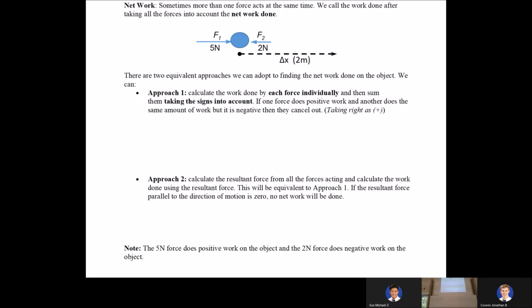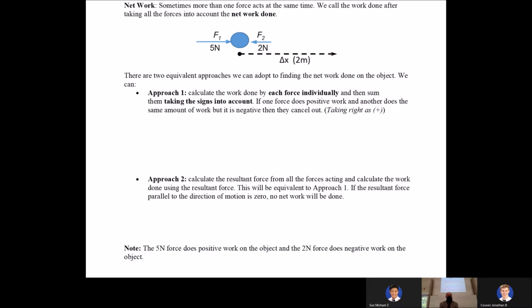So work out WF1 and WF2, and then W net is WF1 plus WF2. It should be a positive answer added to a negative answer. Joules. Work is always measured in joules. Now, for approach 1 and for approach 2, you should land up with the same final answer. If you do, then you're getting somewhere.